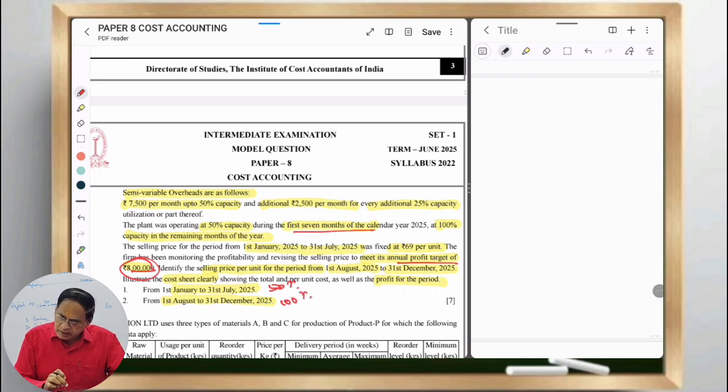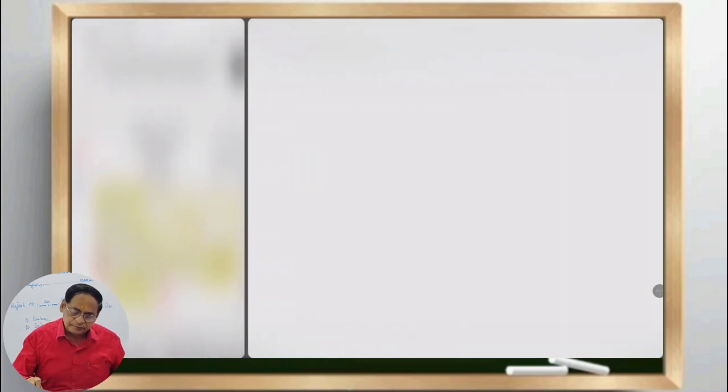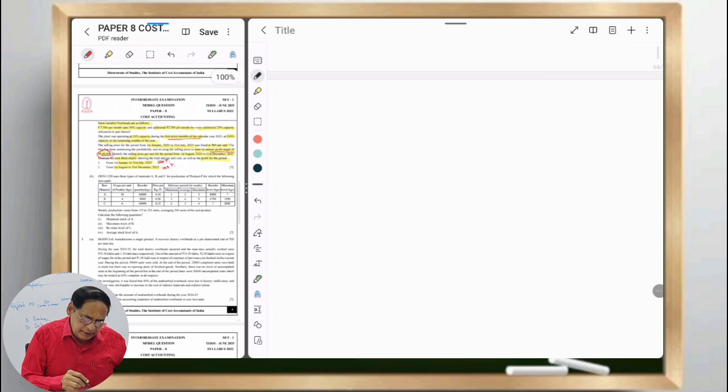So, we have to prepare the cost sheet. Please, let's prepare the cost sheets. So, here, cost sheets.